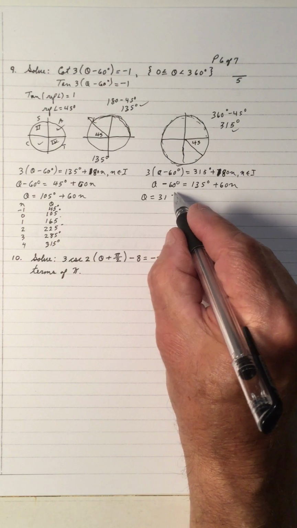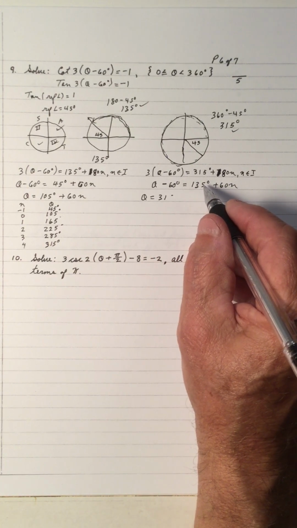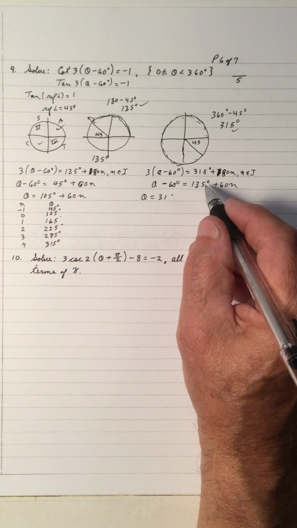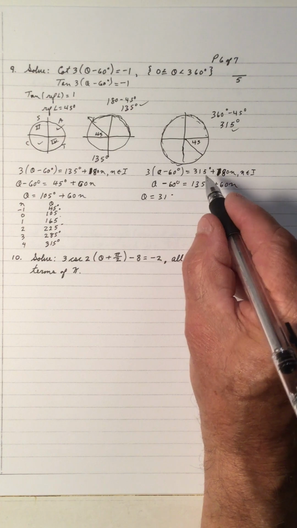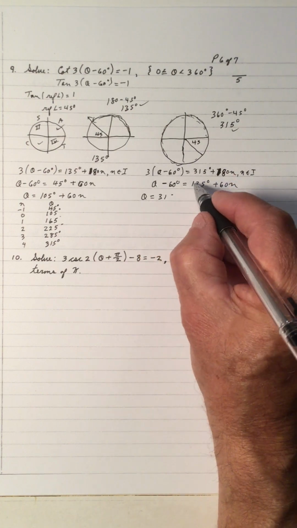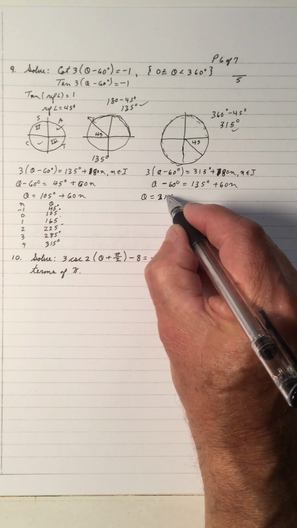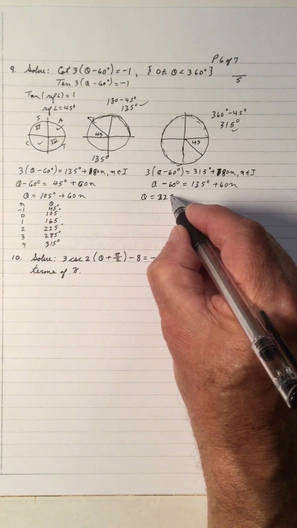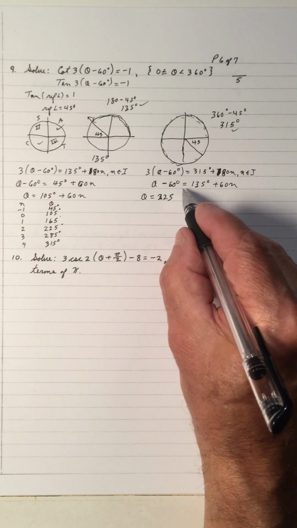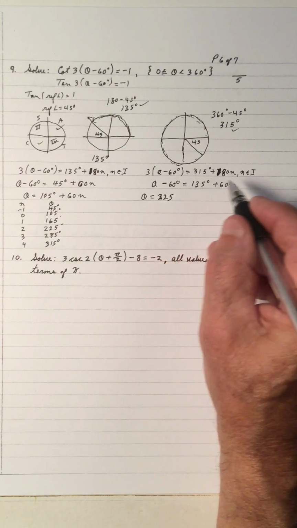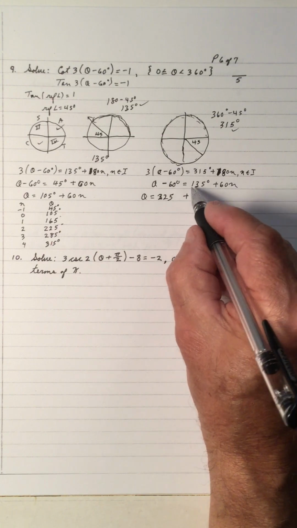So theta is, work that out, and we add on 60. I'm dividing by 3, so that should have been... Oh, no, I can't even add now. And divide by 3, that's a 60.